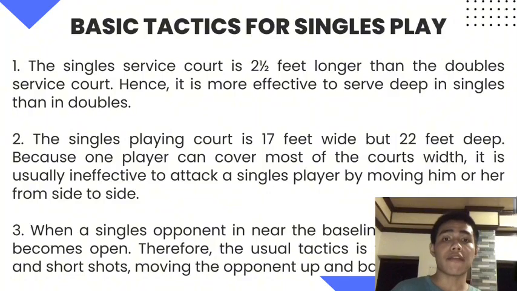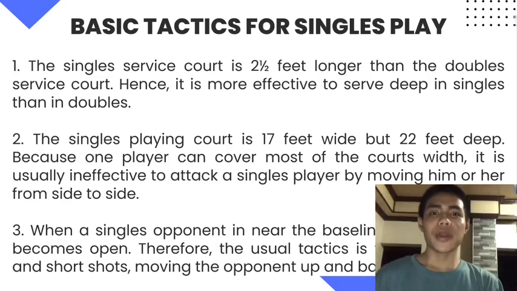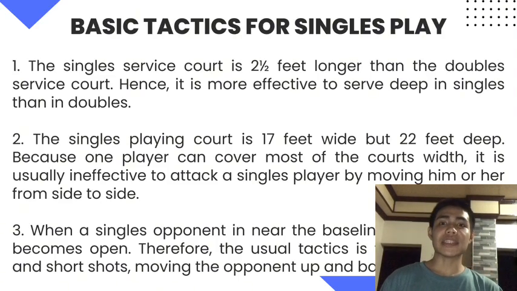It is usually ineffective to attack a singles player by moving him or her from side to side. When a singles opponent is near the baseline, the front court becomes open. Therefore, the usual tactic is to alternate long and short shots, moving the opponent up and back.